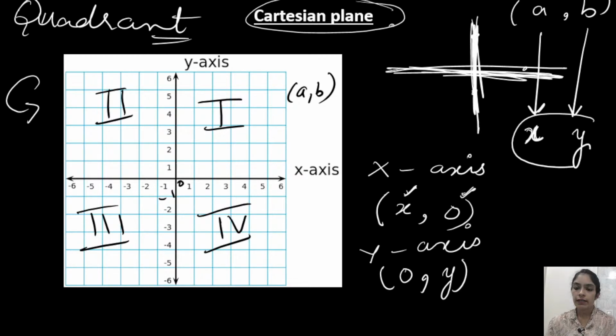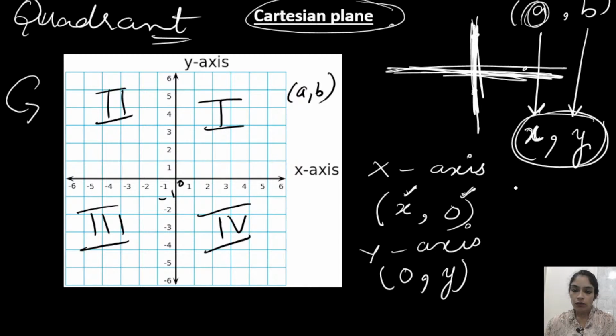This is a very important thing. You cannot write the y-axis in place of a. It is always x comma y.